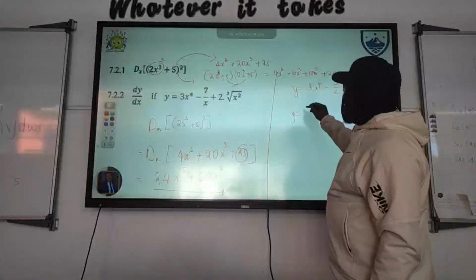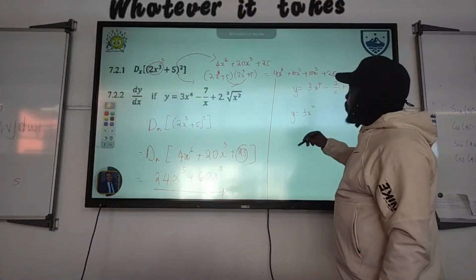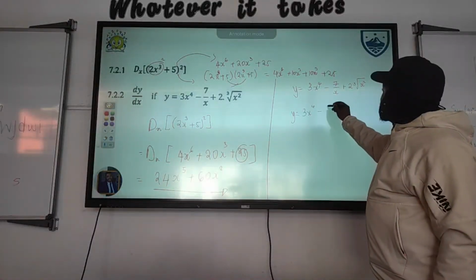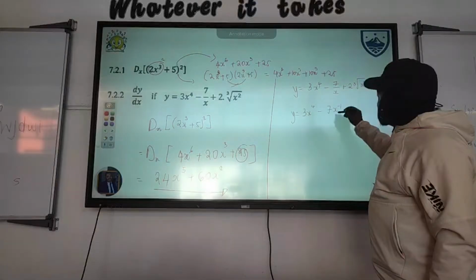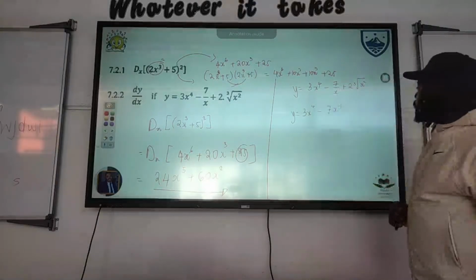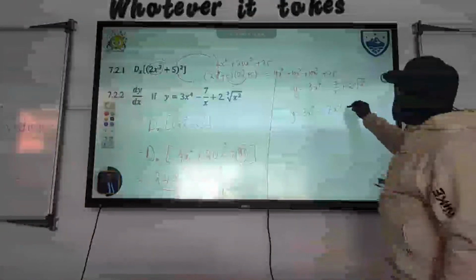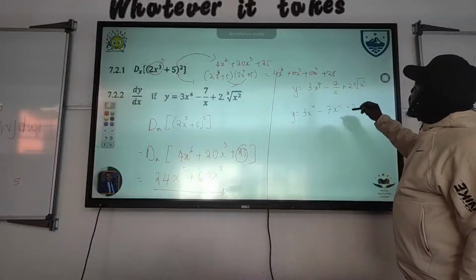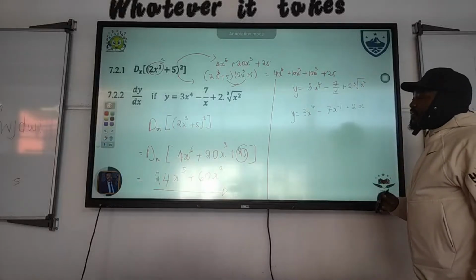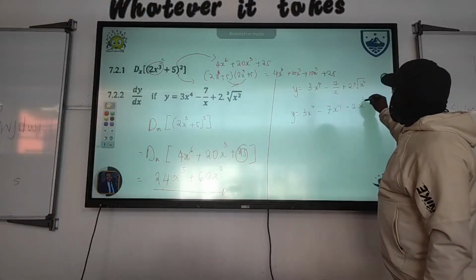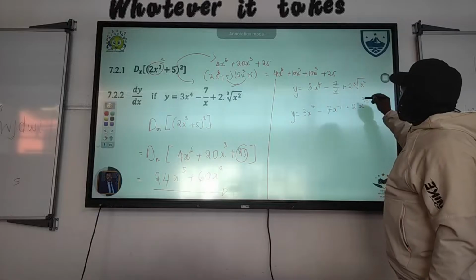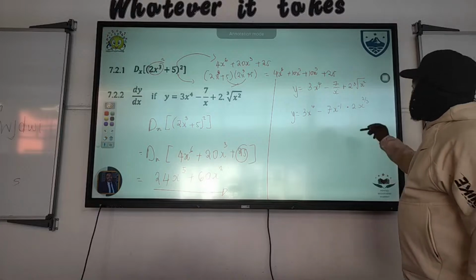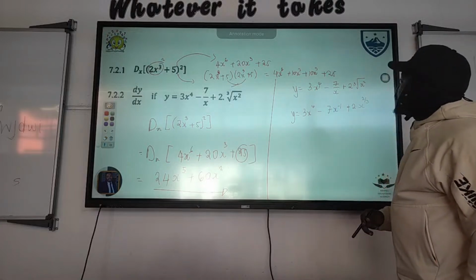So we have y equals 3x to the power of 4, minus 7x to the power of negative 1, because this one's at the bottom. And then we have a 2 multiplied by x to the power of 2 over 3. We said whoever was inside will go to the top, and the one which is outside will go and become a denominator. So this was a plus. Right? Good.